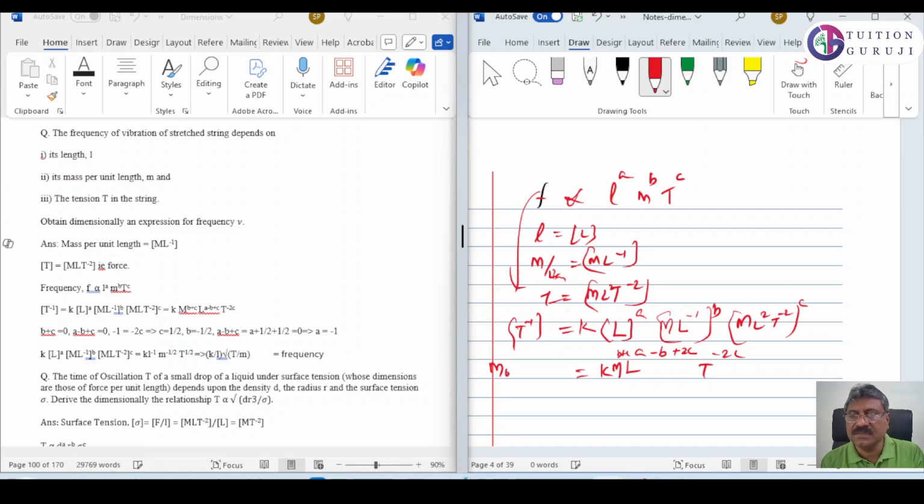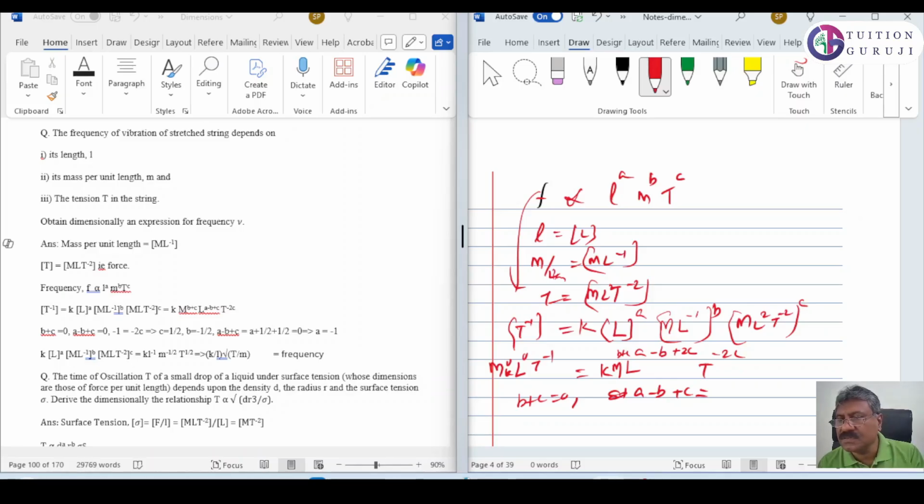So that is M raised to 0, L raised to 0, T raised to minus 1. So we can equate b plus c is equal to 0. Then a minus b plus c.